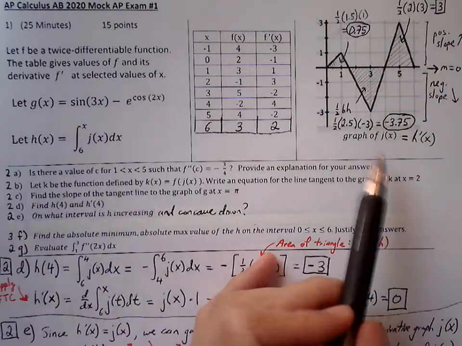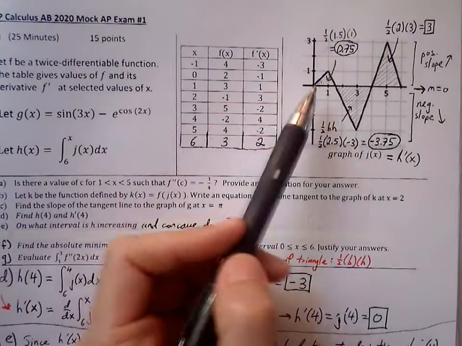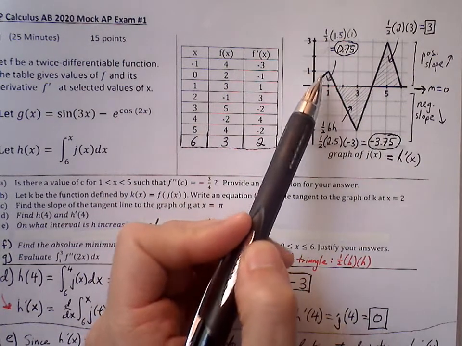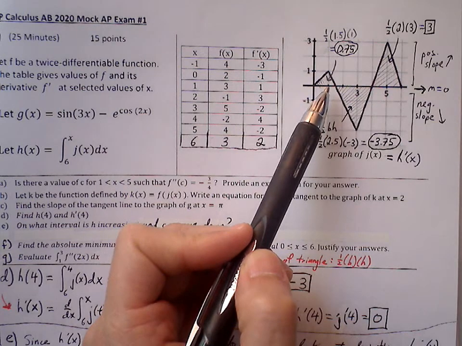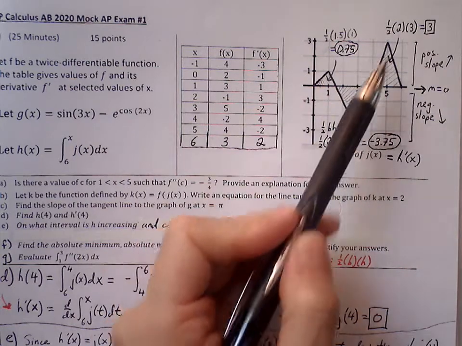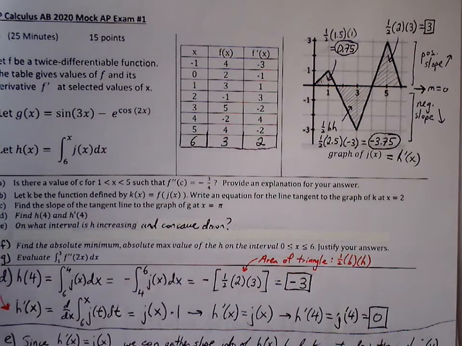And so if we think of this as an h prime graph, we can think of this as a derivative graph, and from there we can gather information about where the original h graph is increasing and decreasing, and also we can pick out peaks and valleys to help us determine information about concavity.